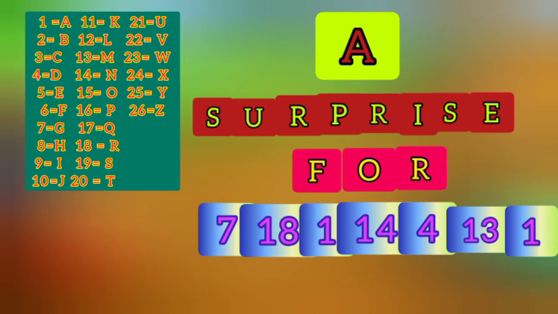Now, last, the numbers which are given are 7, 18, 1, 14, 4, 13, 1. So, which is the seventh letter? Yes, it is G. Which is the 18th letter?